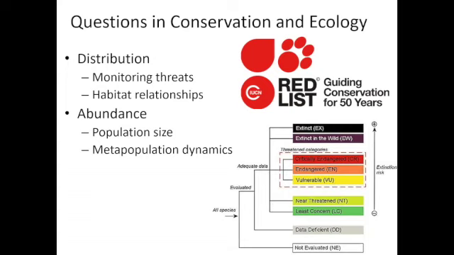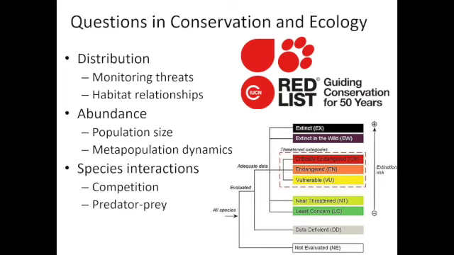And obviously abundance can be related to things like habitat and management and other threats, but those are the two major components that are used in classifying threat levels for endangered species on the IUCN Red List.